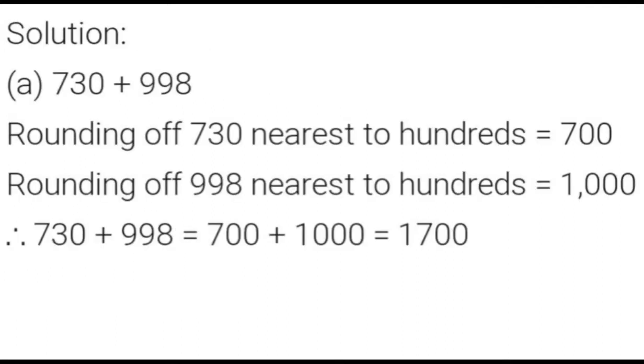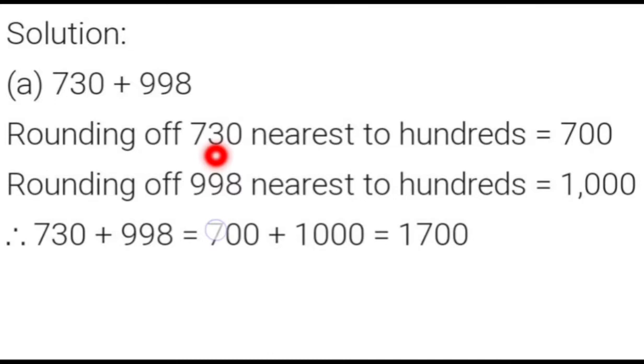The question is 730 plus 998. So let us round off first of all 730, rounding off 730 to the nearest 100. Now as you know, 730 lies between 700 and 800.